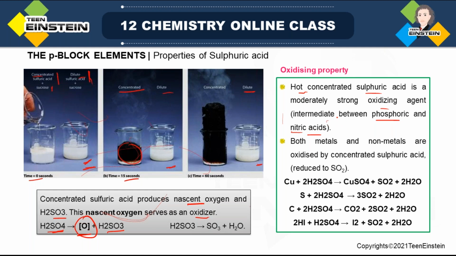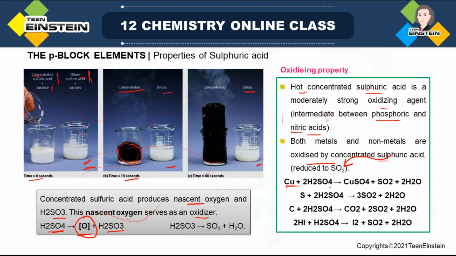So this is the order of oxidizing property. Both metals and non-metals can be oxidized by concentrated sulfuric acid, and the fate of sulfuric acid is that it will be reduced to SO2, because it is acting as an oxidizing agent, so it will itself be reduced.